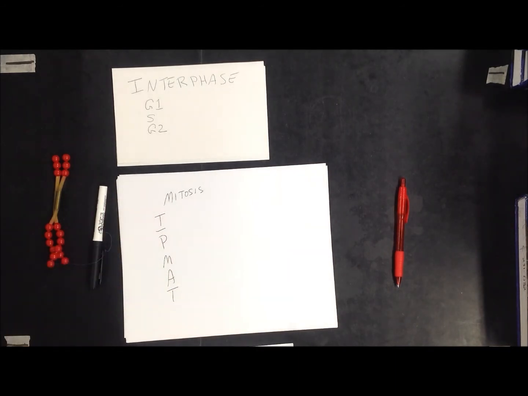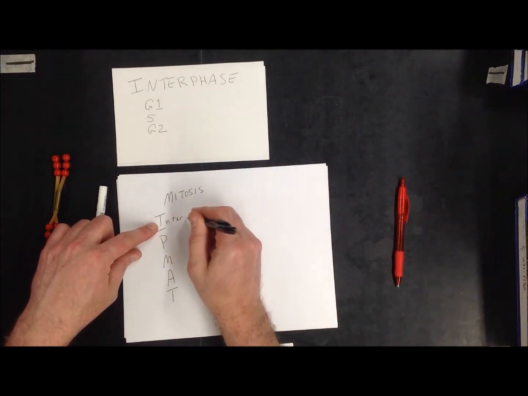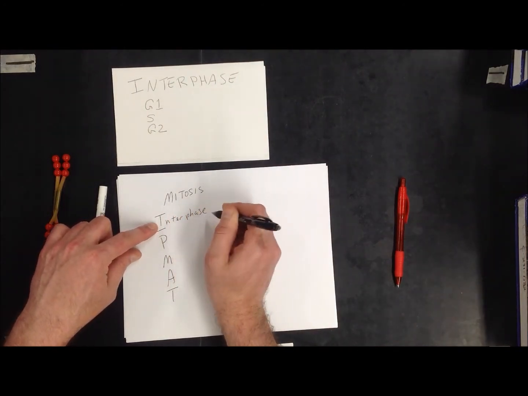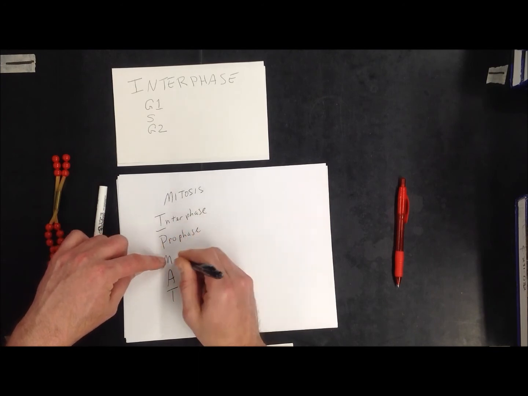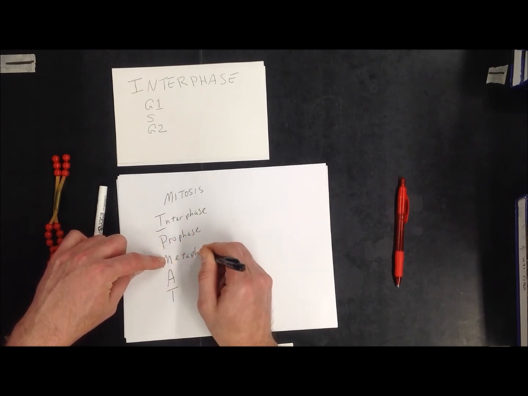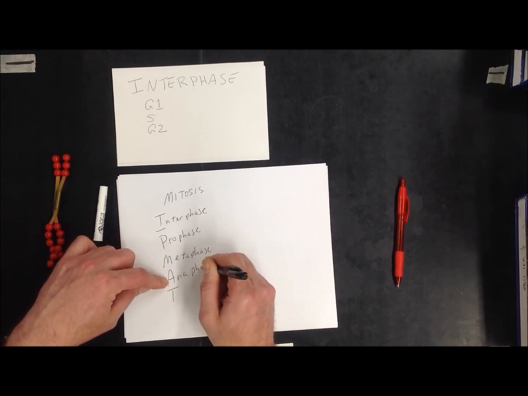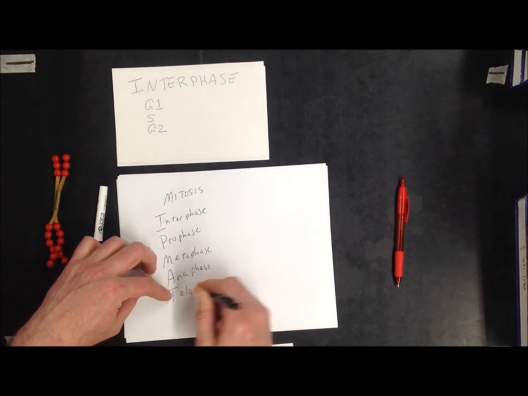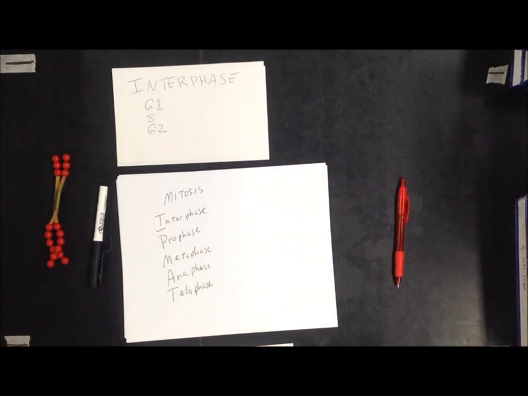Can everybody say that? PMAT. Okay. This is interphase, which we just covered the majority of. This is prophase. This is metaphase. This is anaphase. And this is telophase. So those are the stages that we are going to look at.